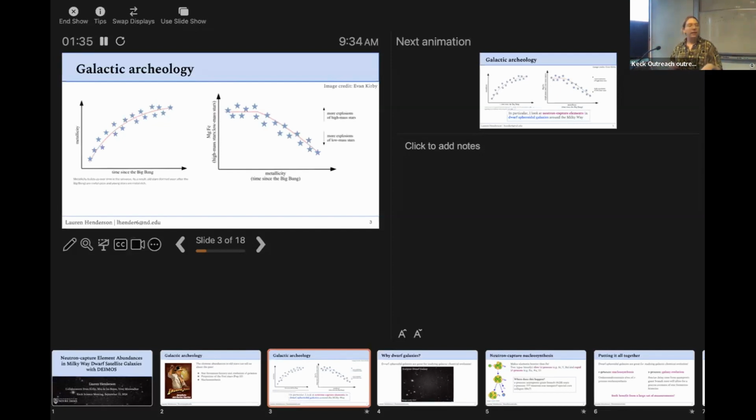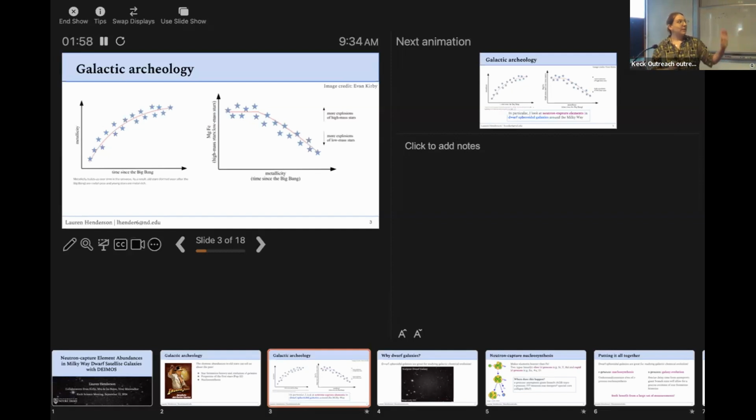That happens really quickly, whereas iron is released in the deaths of lower mass stars, like in type 1a supernovae, and that takes more time. So we can see that at early times, we have a higher magnesium to iron ratio because there hasn't been time for a lot of iron to be released in those low mass stars. So we just have the high mass stars dying. Then as time goes on, that ratio is pushed down as we start producing more and more iron.